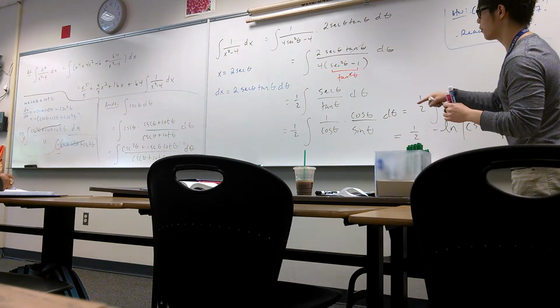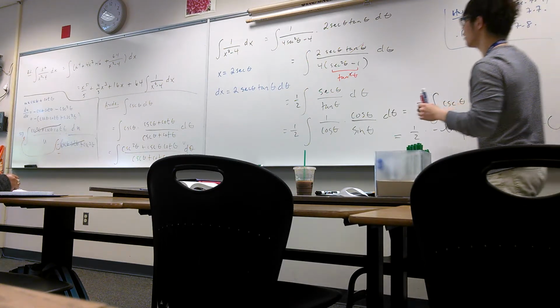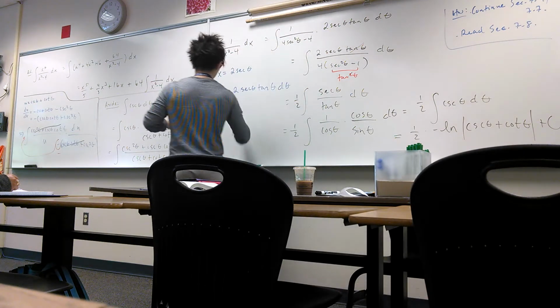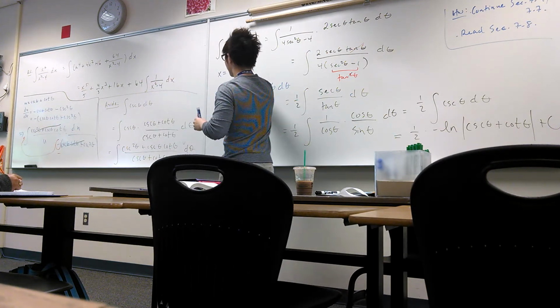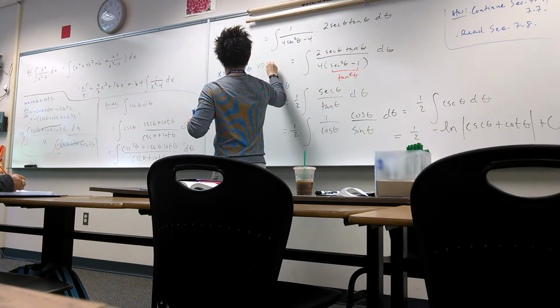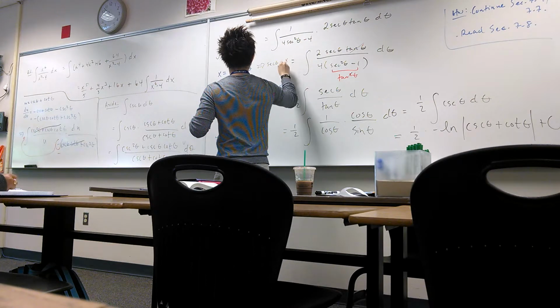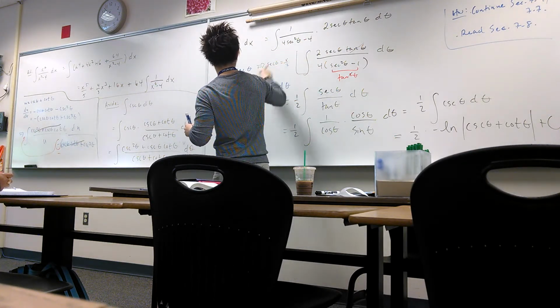And then, so we need to plug in what cosecant is. So you draw a triangle. So x is equal to 2 secant theta. So that means that secant theta is x over 2, right? So what is x?